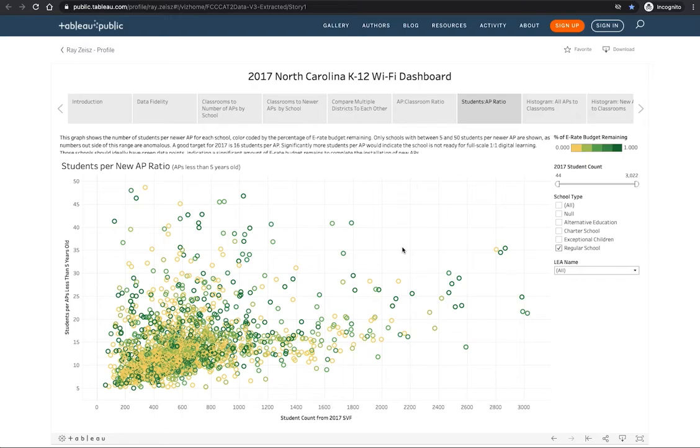So there are legitimate reasons why you would expect to see some variance in the amount of spending for Wi-Fi equipment, but we wouldn't necessarily expect to see one school get a huge amount of money, like $300 per student, and another school get $50 per student. So we'll be doing analysis on that at the per school level to make sure that we're distributing things fairly still.